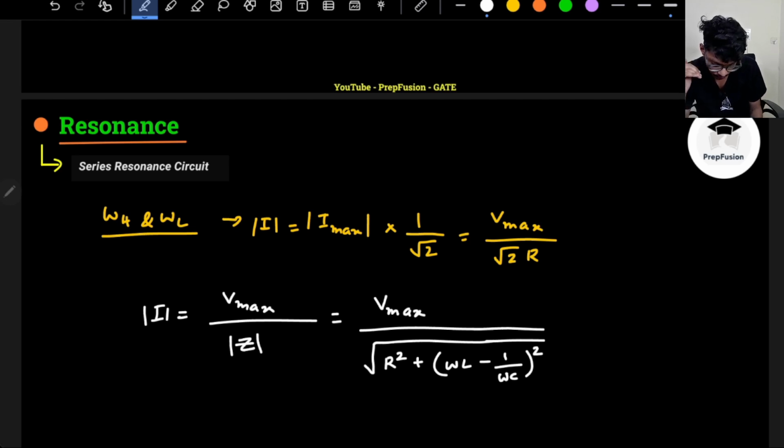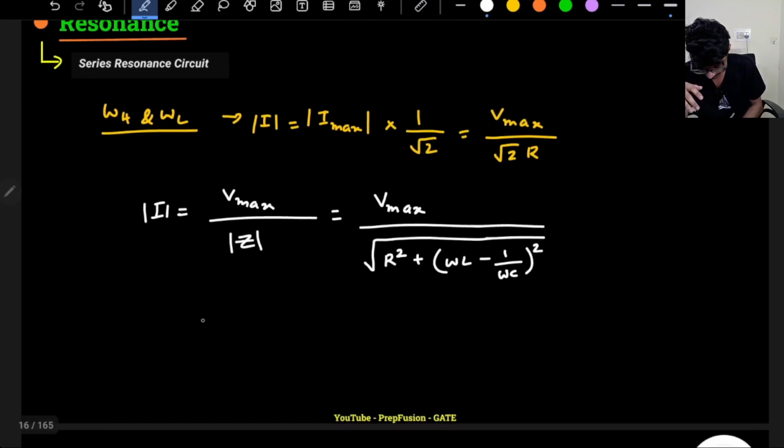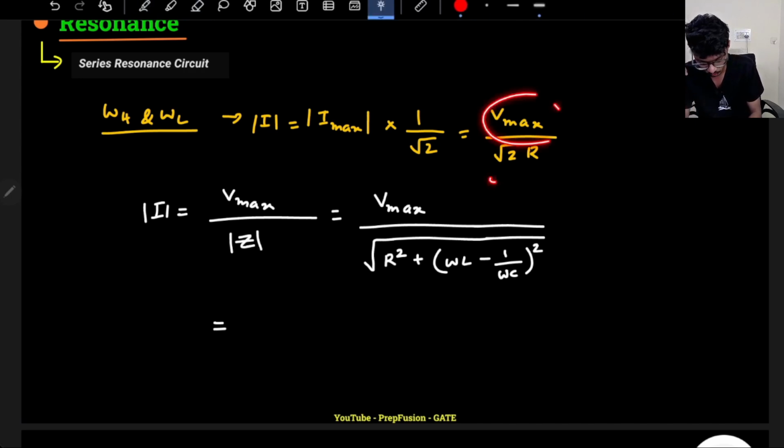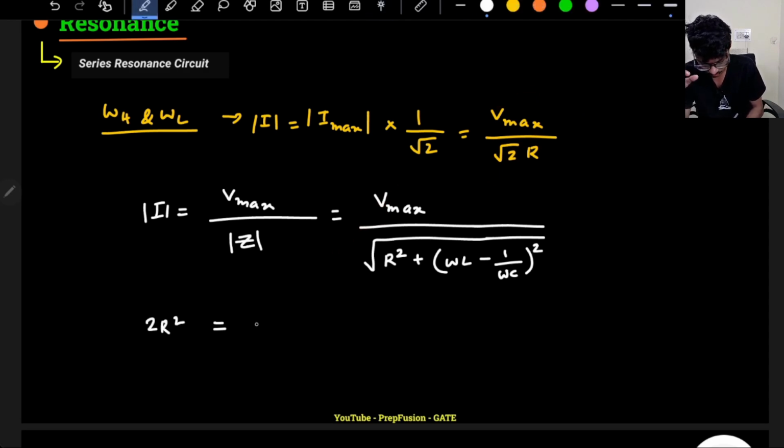Okay, so from here you can directly say that it is equal to Vmax by root 2R. So ultimately Vmax cancels out. If I square both sides, 2R square is equal to R square plus omega L minus 1 by omega C whole square.